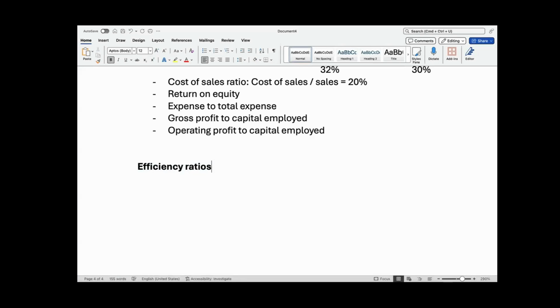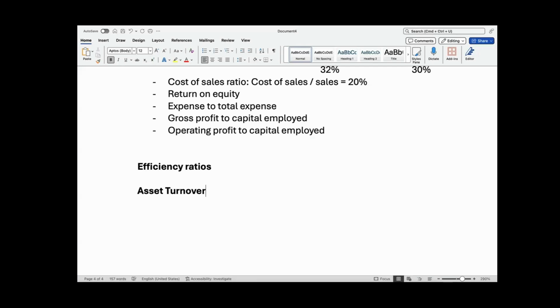And the first one I will give you is asset turnover. This ratio is close to profitability ratios. Some people see it as a secondary ratio to ROCE.